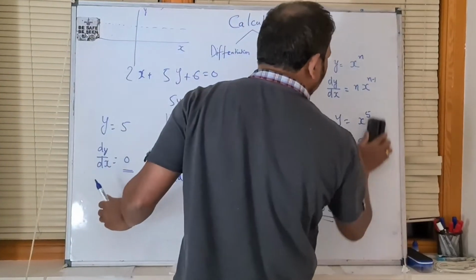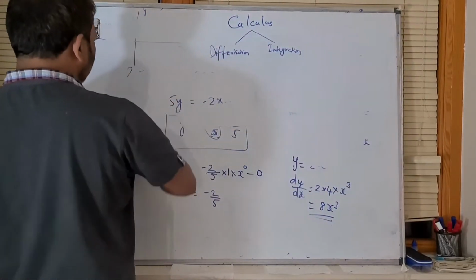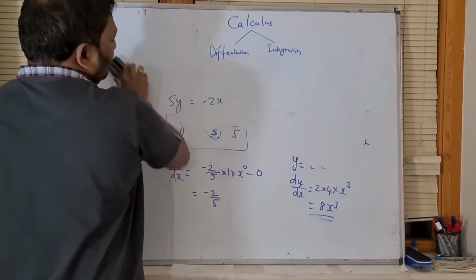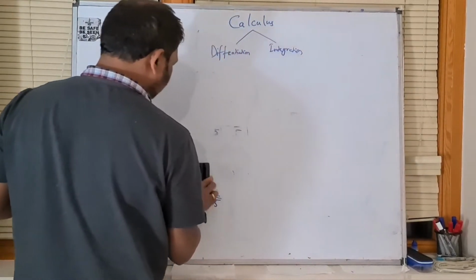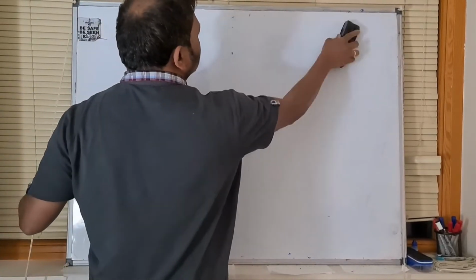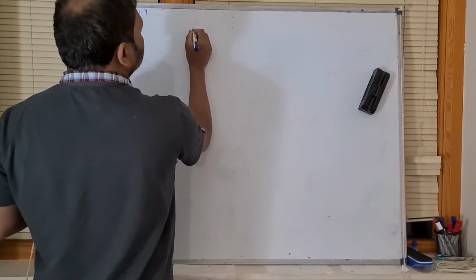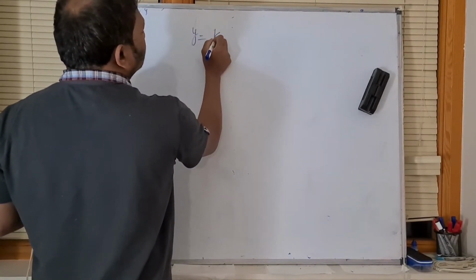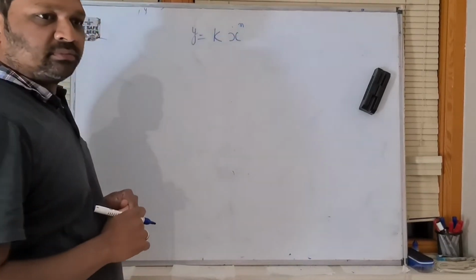Okay, there are few formulas. Let's quickly recollect. Say for example, y is equal to k into x to the power of n, where k and n both are constants.